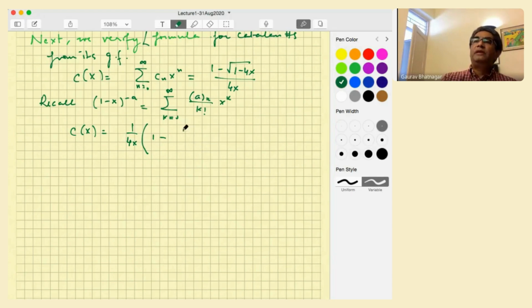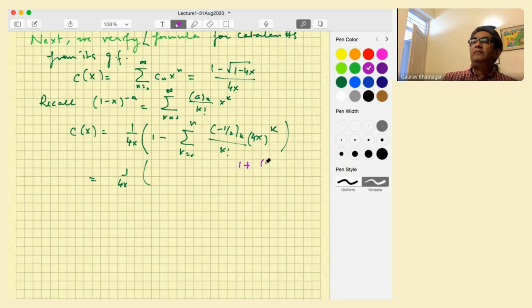So if you just plug it in, this is minus (1 by 2)_k over k factorial, (4x) raised to the power k. So the first term is 1.